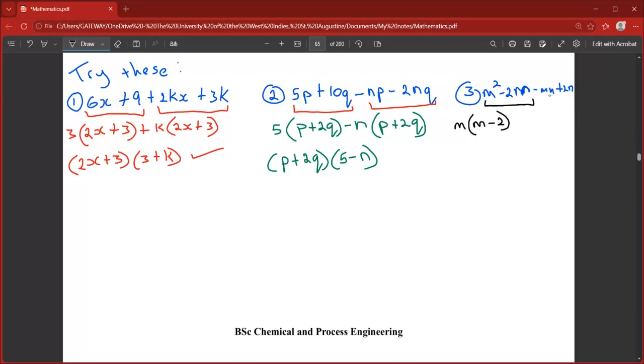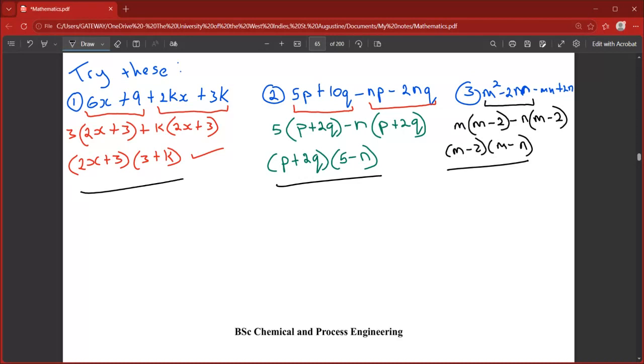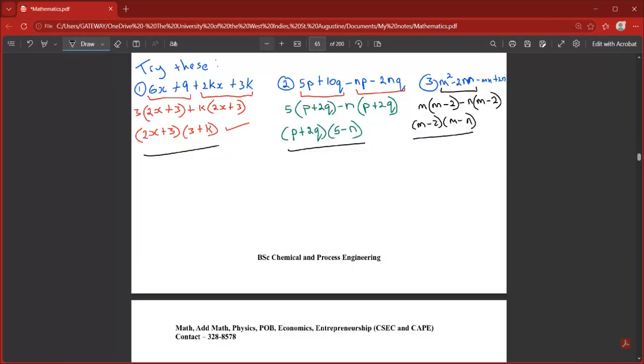Between negative mn and 2n, you're taking out the minus sign and n, open bracket: negative mn divided by negative n is m, and 2n divided by negative n is negative 2. So we're going to put m minus 2 times m minus n, and that is our answer there. So this is factorization by grouping. You good with this, right?